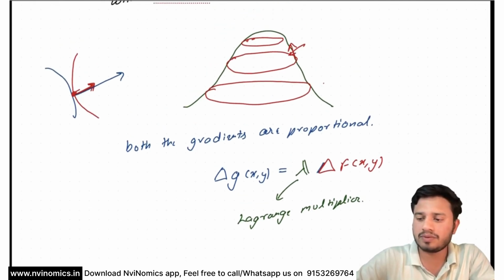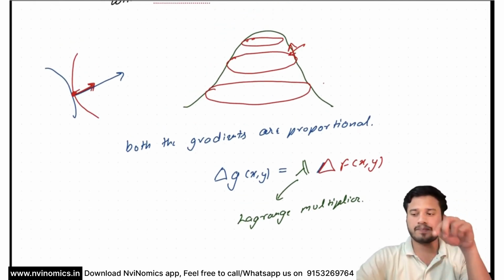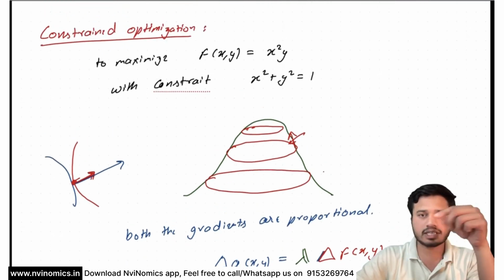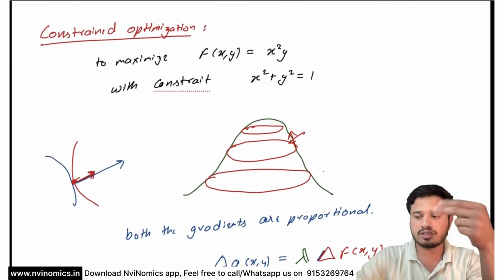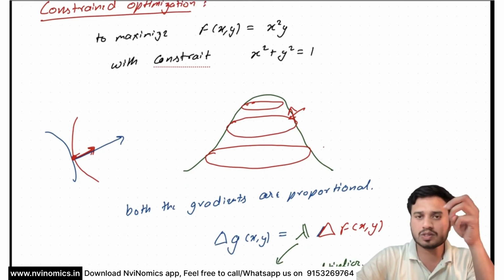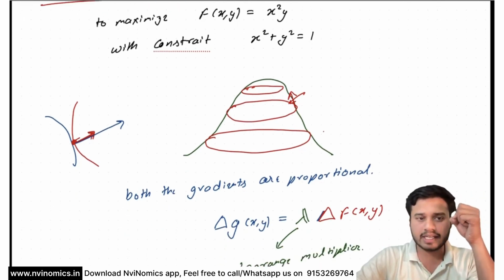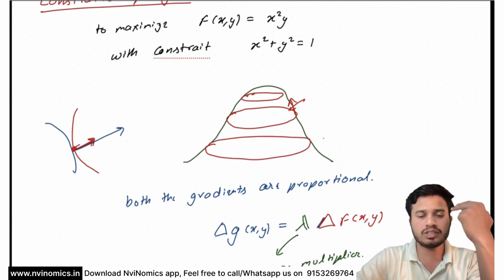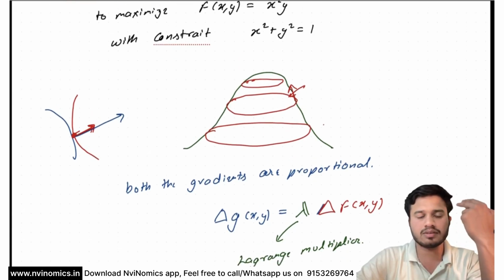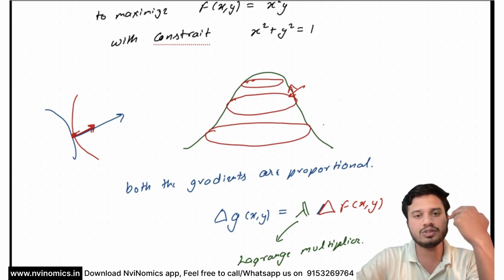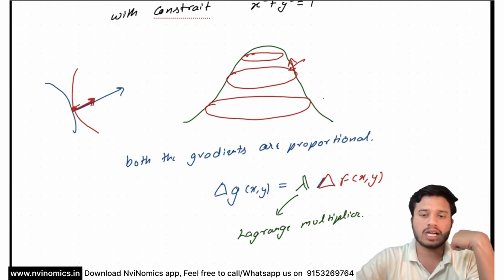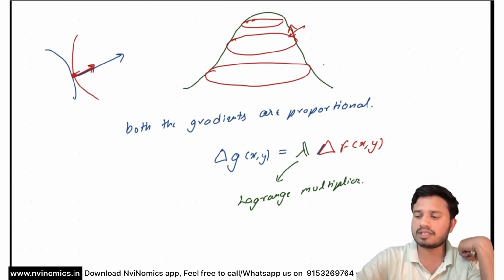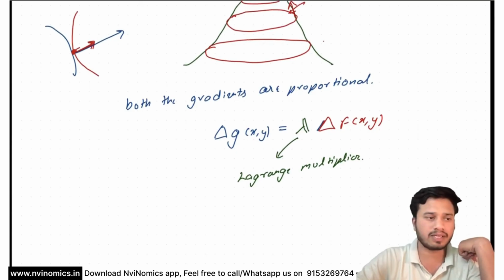See, we just have to do one thing. We have two equations: one is the constraint and one is the function which we have to maximize. We just look at the gradient of these two. Both the gradients should be proportional to each other, and the proportionality constant is the Lagrange multiplier.